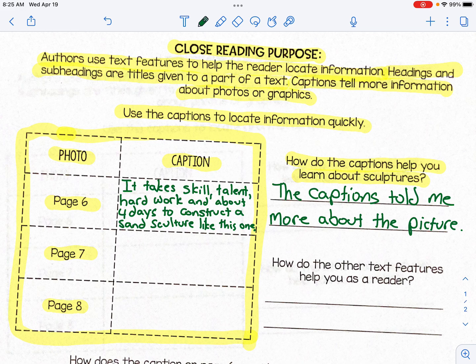Okay, then you're going to move to page 7. Okay, you're going to write, is there a caption there? I don't see a caption, do you?